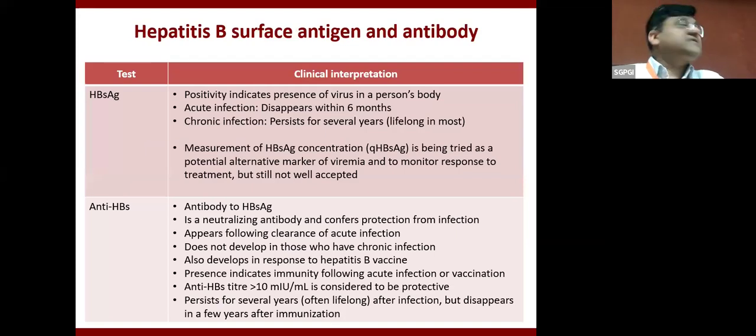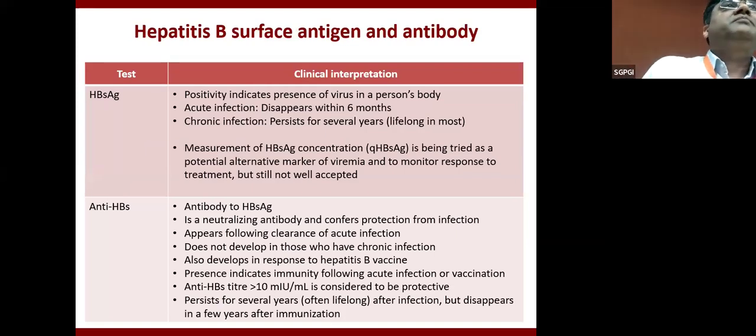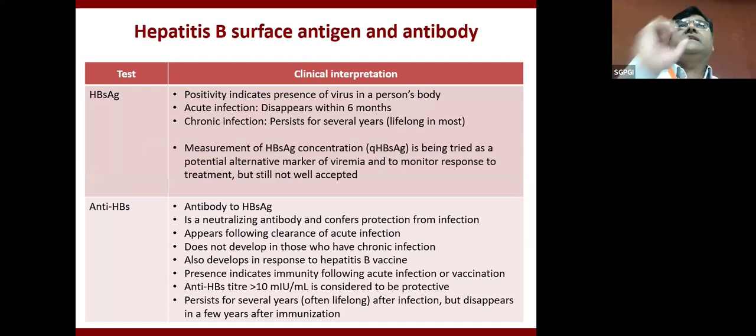What does each test mean? Surface antigen means that whenever this virus is replicating inside the hepatocyte, surface antigen is produced in excessive amounts. The entire virus is not produced, only surface antigen, meaning empty virus particles are produced, which are released in the body more than 10,000 times.